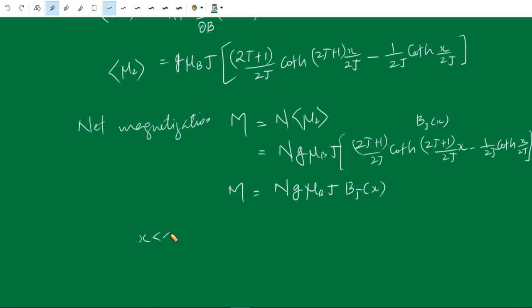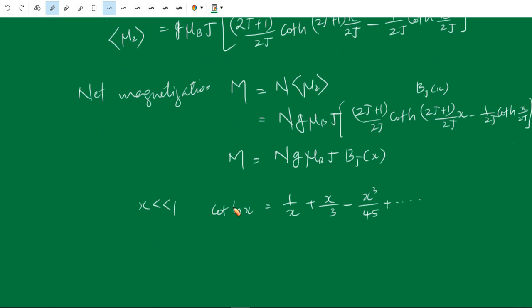When x is very small, coth x can be written as 1 by x plus x divided by 3 minus x cubed divided by 45 plus etc. Therefore by using this in our expression, when x is very small, we can write Bj of x is equal to x divided by 3 into (j plus 1) divided by j.